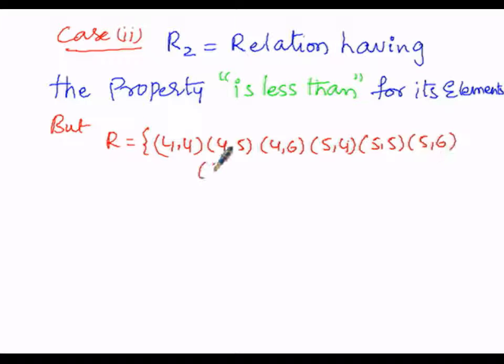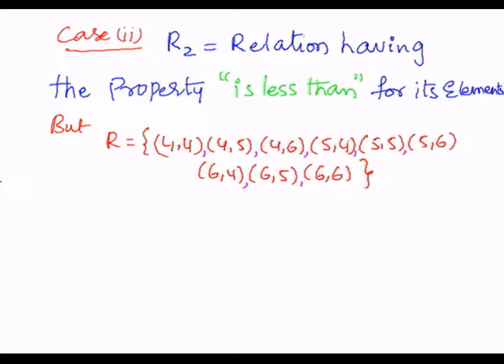Then now 6, 4, 6, 5 and 6, 6 are the elements of this relation. But here, in order to write these elements in the roster form, we have to separate each and every element by means of commas and then enclose them within the brackets. So it gives us the roster form.